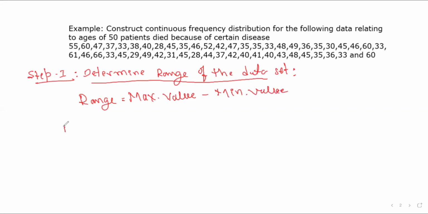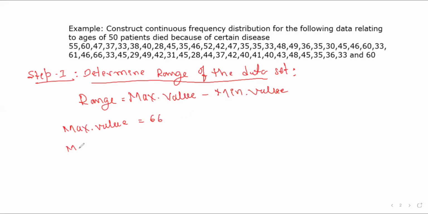So now we need to identify which is the maximum value in the given data set. We search: 55, no, 55 more, we have 60, which is greater than 55. So up to here, 60 is the highest. Again, 60 repeated, then 61. Now 61 is the highest. Then 66 is the highest. Continuing, 66 is the highest.